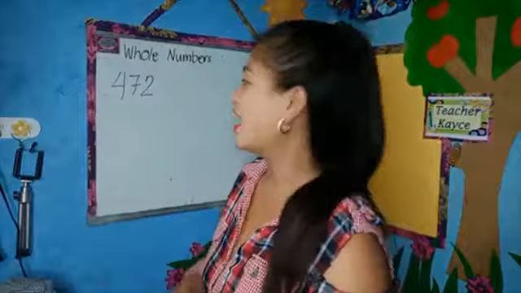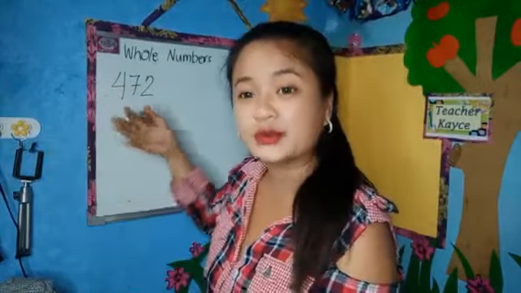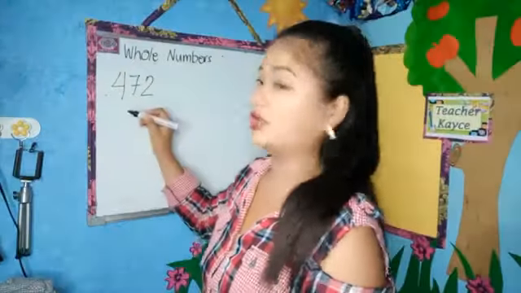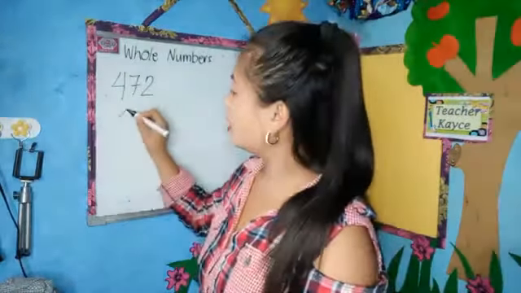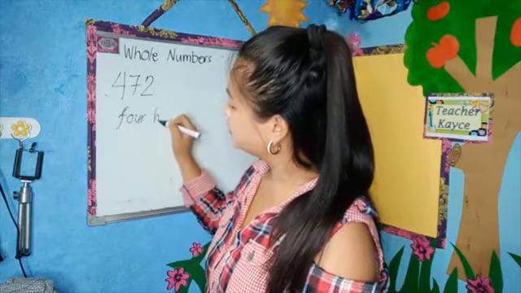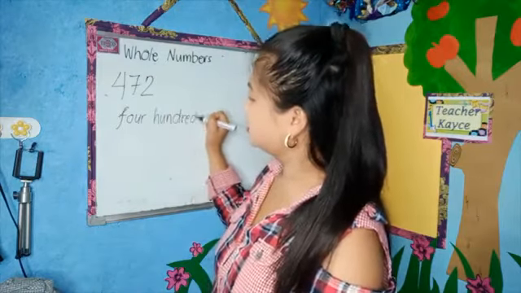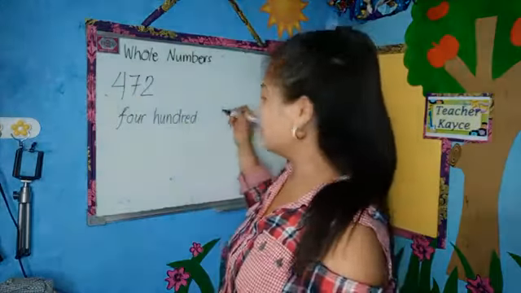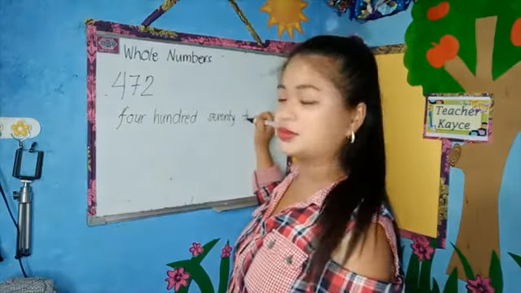After getting the place and the place value of our whole numbers, we are going to read it. 400, 70, 2: 472.